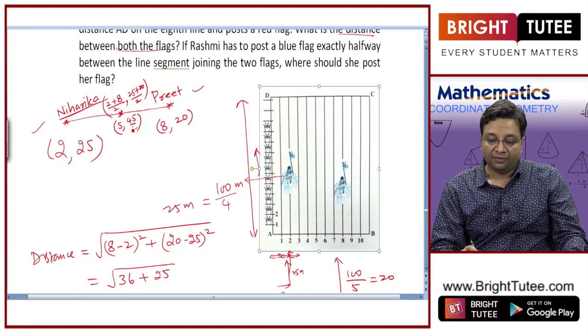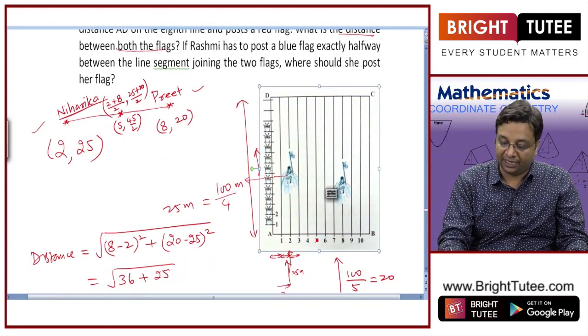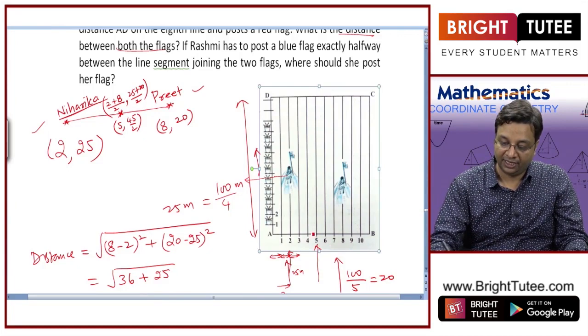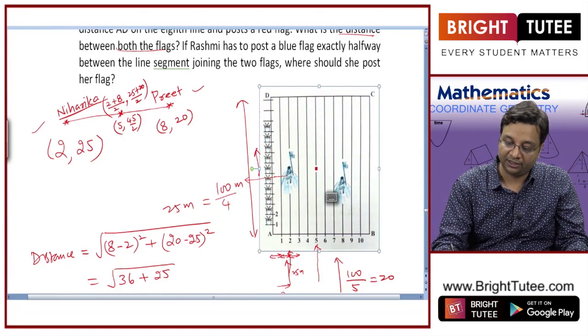So Rashmi should post a blue flag in the 5th line, in this line, at a distance of 45 by 2 meters, so 22.5. So let's say this is the 22.5 position.